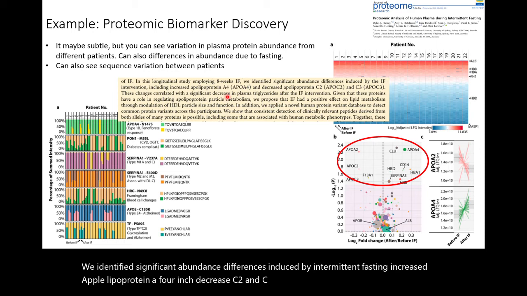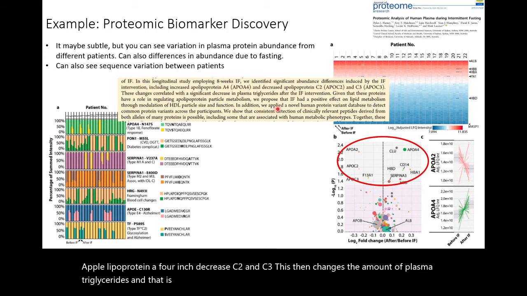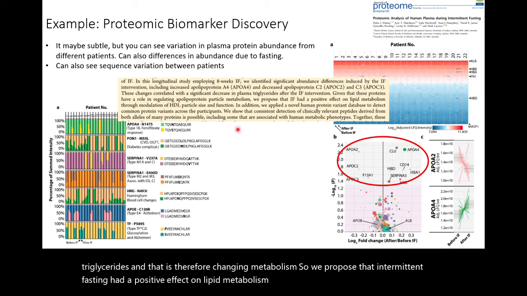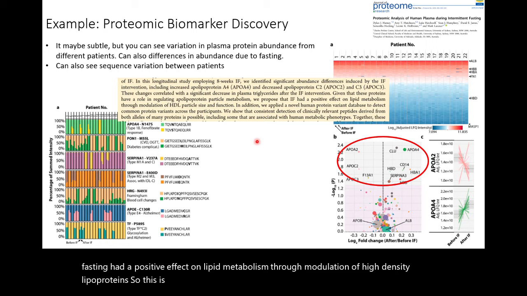This then changes the amount of plasma triglycerides, and that is therefore changing metabolism. So we proposed that intermittent fasting had a positive effect on lipid metabolism through modulation of high-density lipoproteins. So this is now showing not only the proteome analysis, but the integration on the wider system.